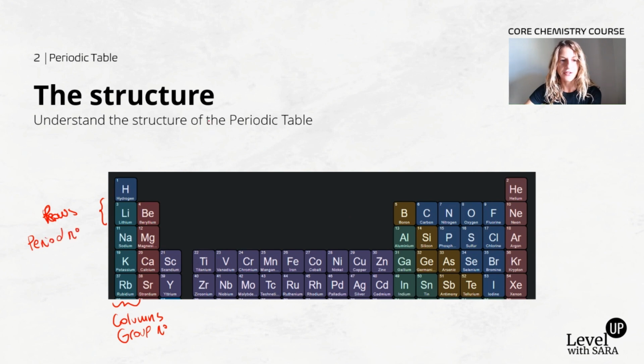There are 8 different groups, so we start with 1 on the left hand side, 2, and then we go up to 8. This is often called group 8 or group 0, but let's stick to 8 because this number has a specific meaning. In fact, the group number tells us the number of electrons in the outer shell.